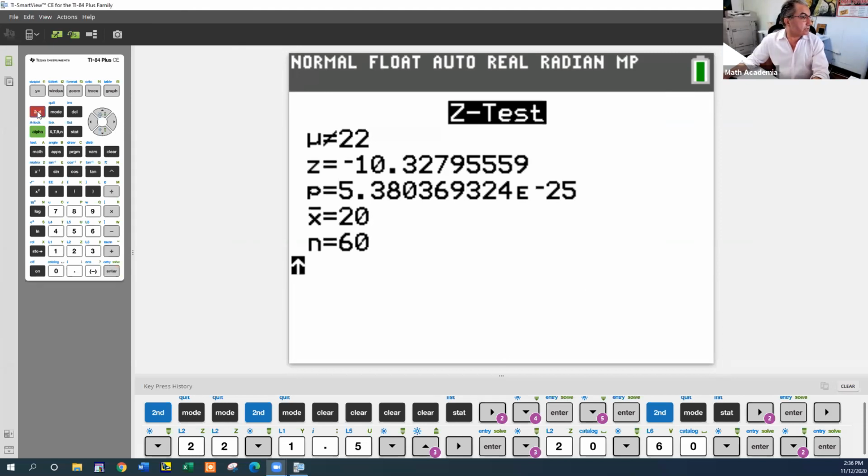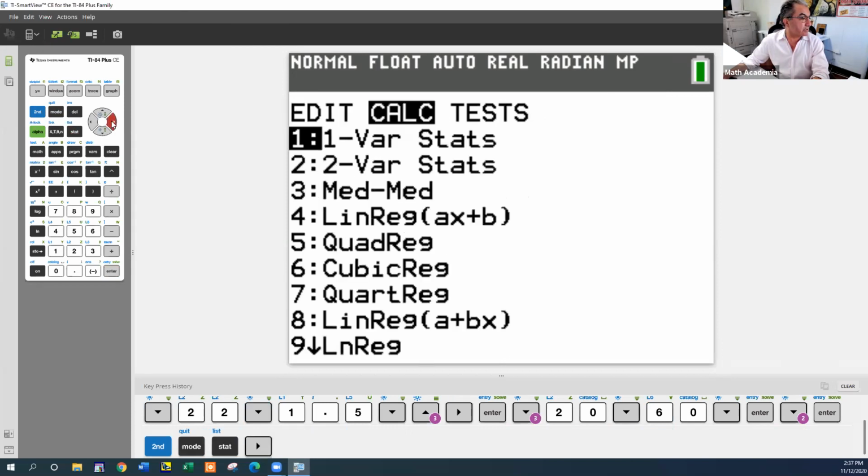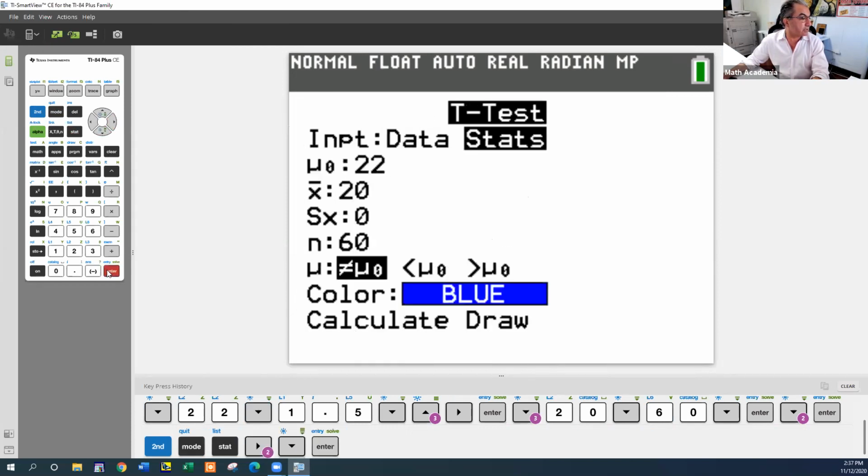So let's see. Stat, test, t-test. And again, you pick stat because you are given the data. So let me enter that. And here the mu in the claim was 32.6.